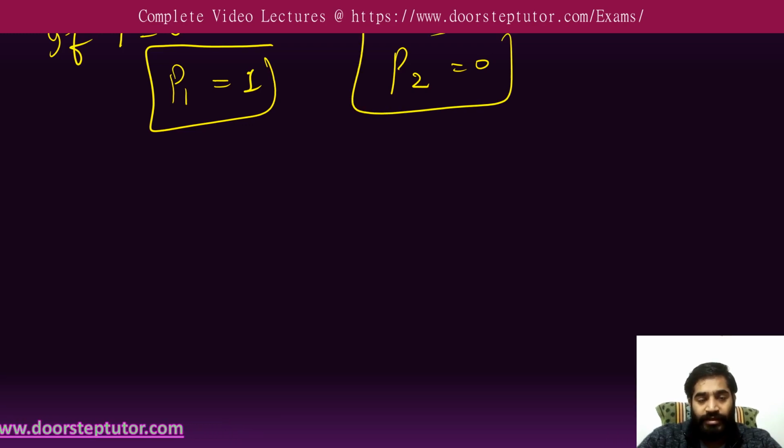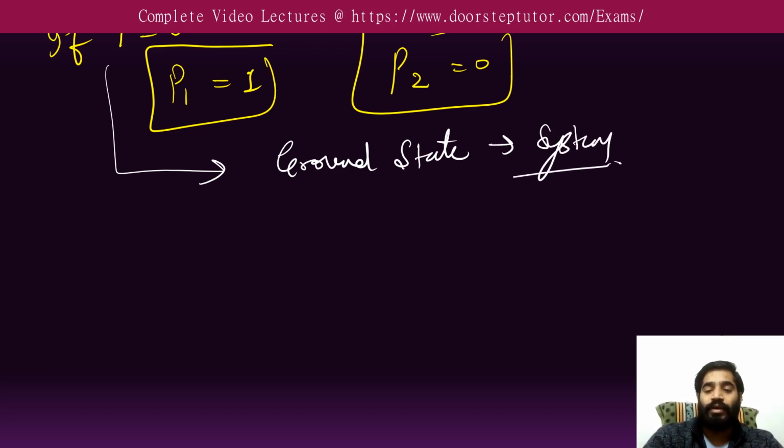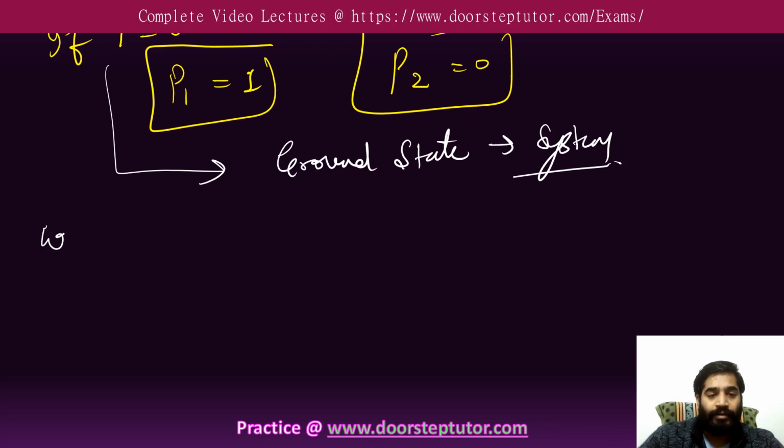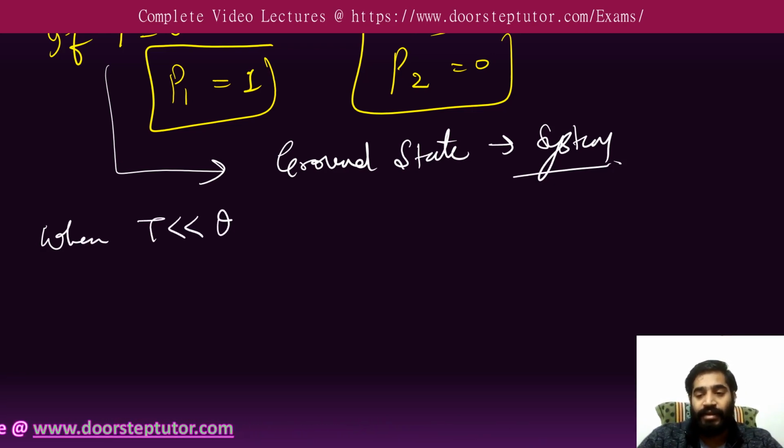T equal to 0 means we are talking about the ground state system. What happens when T is much less than theta?